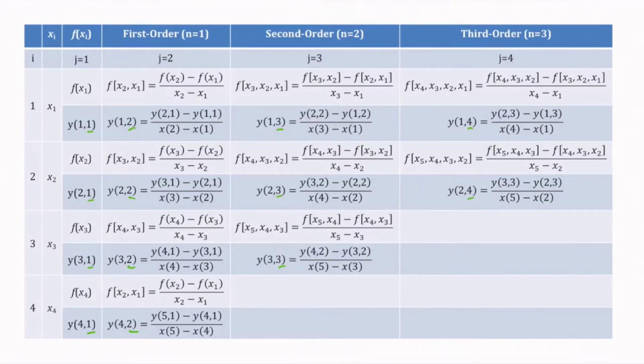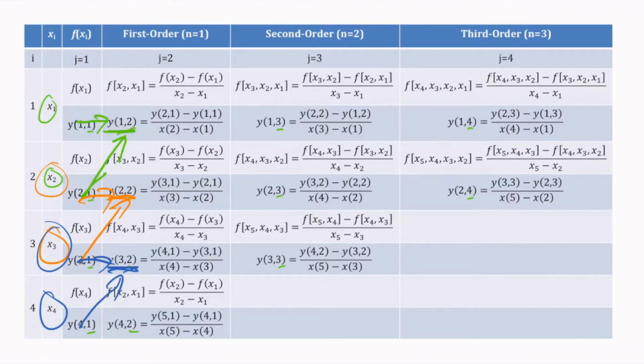Now, in order to solve for y12, recall that we need this and that, and we also need x2 and x1. So y21 minus y11 divided by x2 minus x1. And to get y22, we need these two and these two. To get y32, we need these two and these two.